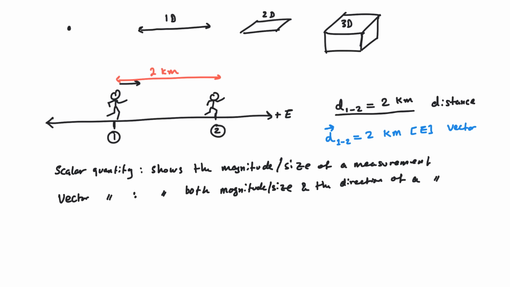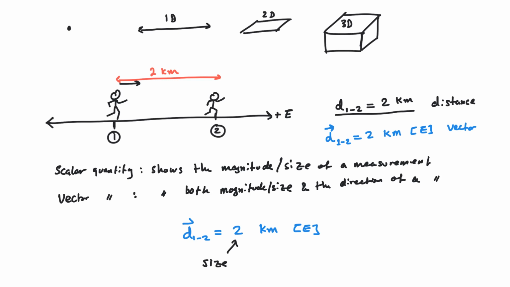So this person has moved to the east direction 2 kilometers. So let's write everything here. D12 is equal to 2 kilometers east. Note that this value over here is the size of the vector.